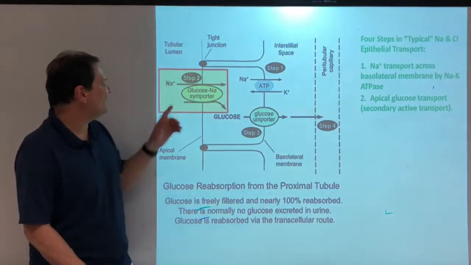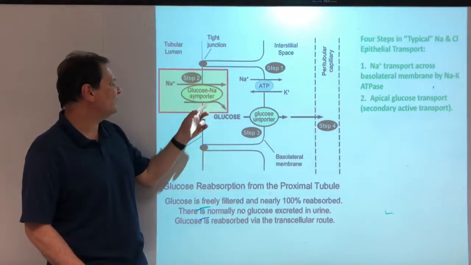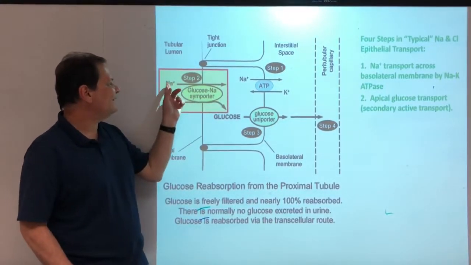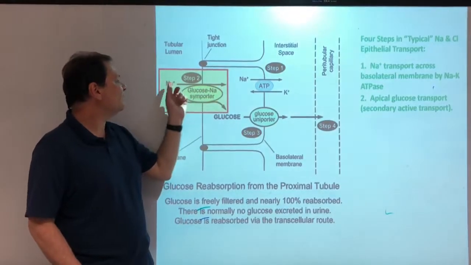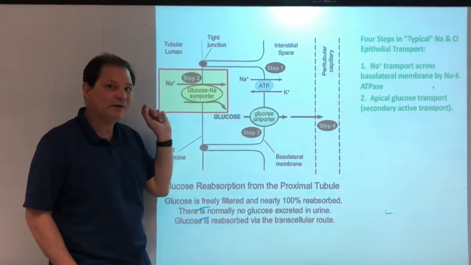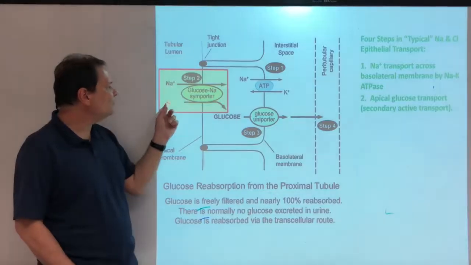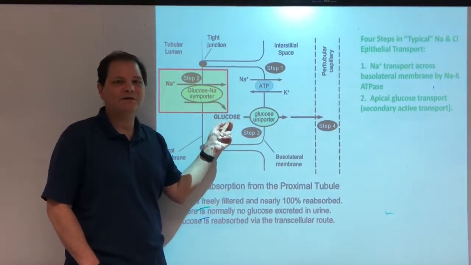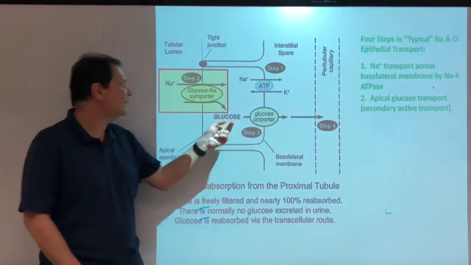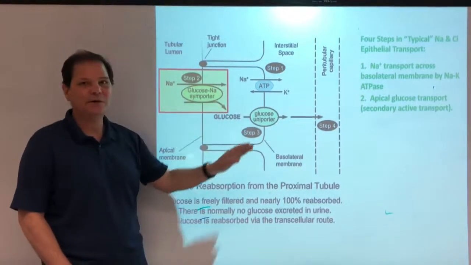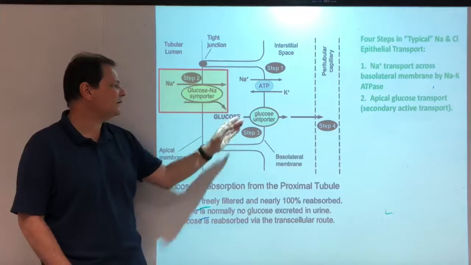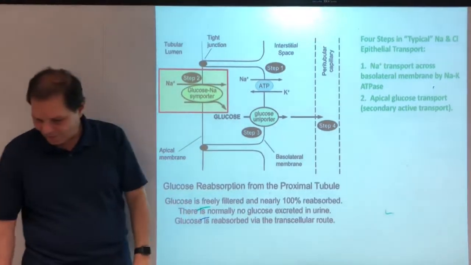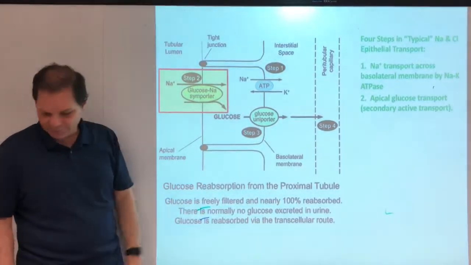And here we have for glucose a glucose-sodium symporter. So sodium goes down its gradient from the tubular lumen to the inside of the cell, and glucose is transported along with it up its gradient to a high concentration in the cell. All right? So we have a co-transporter here where you're using the sodium gradient to transport glucose. And then, so that is our variation of step 2.